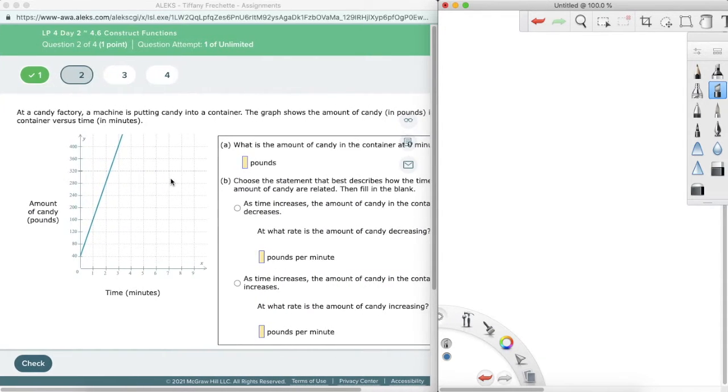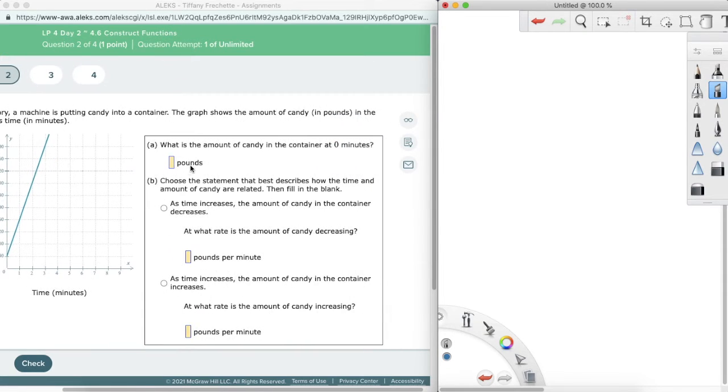So we have time on the x-axis, and that's going up, and we have amount of candy on the y-axis. And again, it's counting up, but we want to look at the line. It's going up from left to right. So that means it's an increase of both. As time moves on, there's more candy in the bowl, more pounds, or in the container. They didn't say bowl, but same idea.